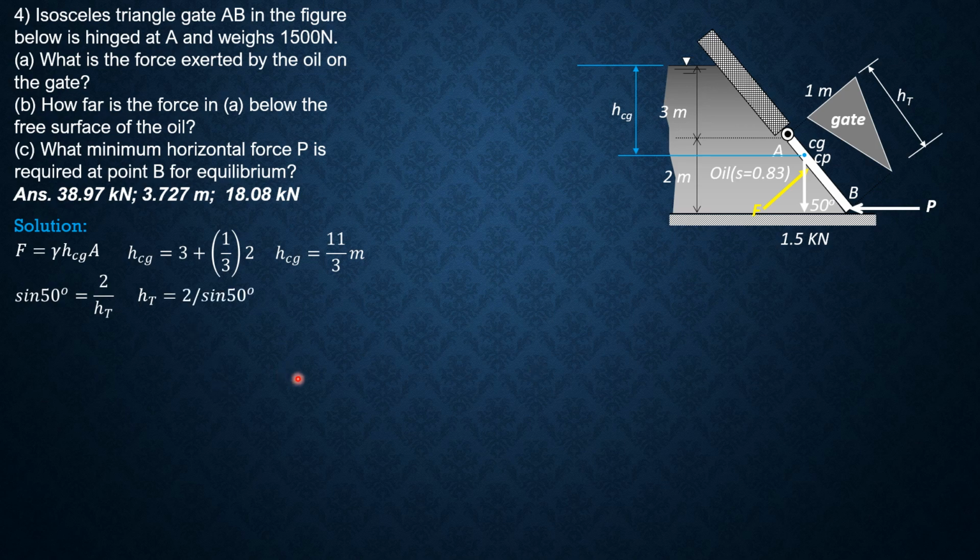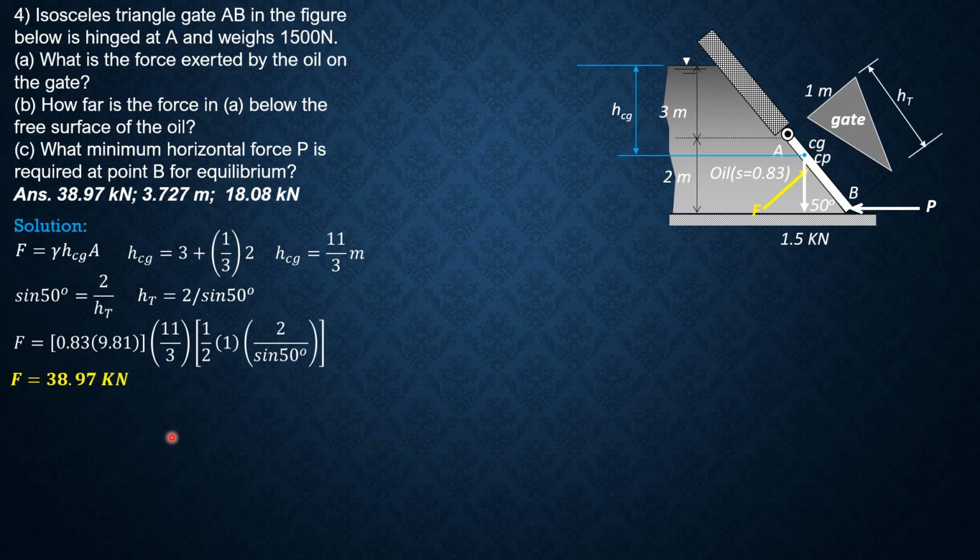So that's the height of the gate. So we can now compute the force, which is specific weight of oil, 0.83 times 9.81, h-bar is 11 over 3, then the area is 1/2 of 1 meter times HT, which is 2 over sine of 50 degrees. So computing for F is 38.97 kilonewtons as the answer there.